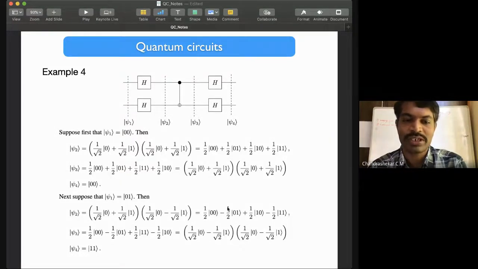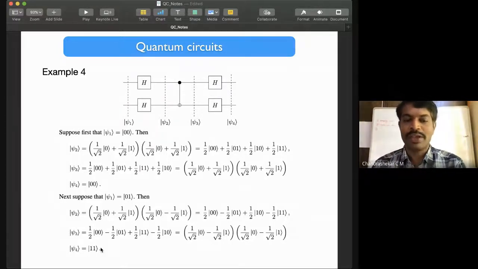Here you also get a minus sign, because the Hadamard operator introduces a minus sign on state 1. So you have this minus sign on both of them, and because of this minus sign you are getting some modifications to the states, and your output will be 1, 1 instead of 0, 1. You start with 0, 1, but it becomes 1, 1.